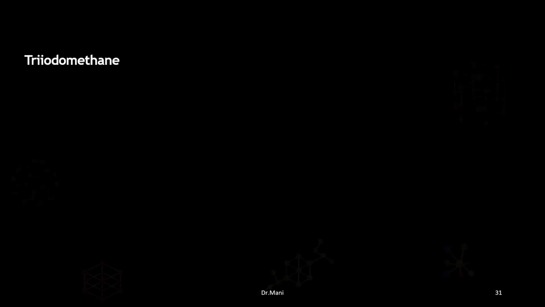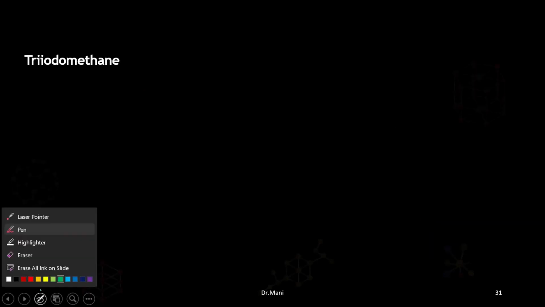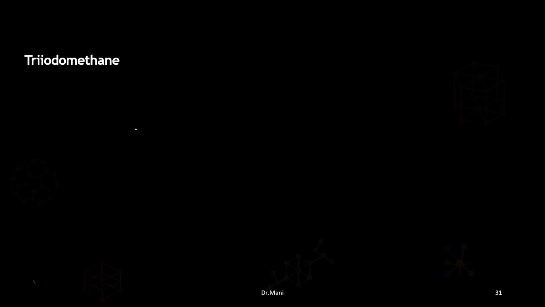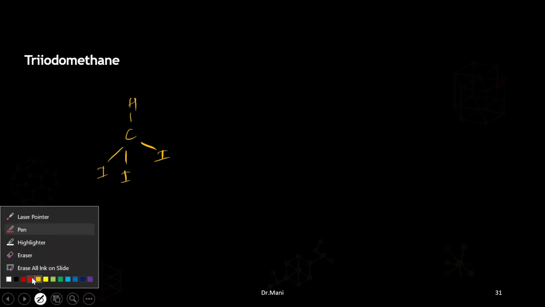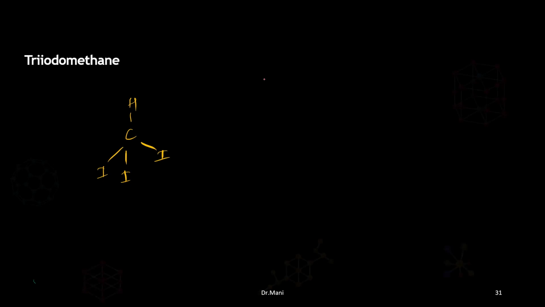Yes. So next one, triiodomethane. That means it contains three iodine groups: iodine, iodine, iodine. Why do we use it? Have you ever heard of betadine ointment or iodoform ointment? That's useful as an antiseptic.